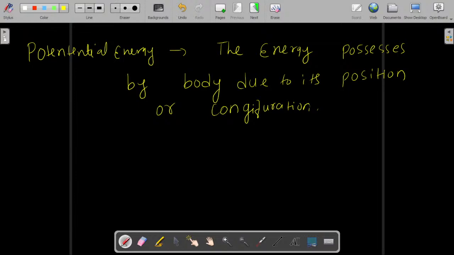It means whatever work you are doing, you are changing the position of the object. That work done is stored in the form of potential energy.